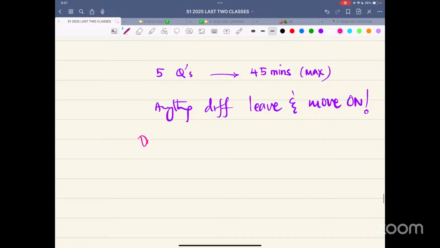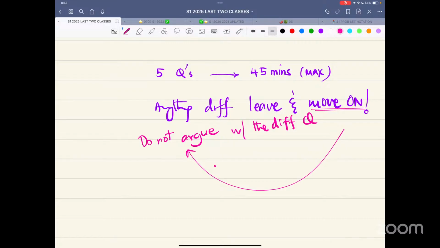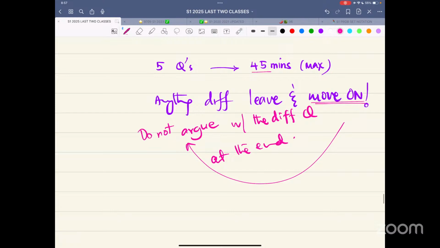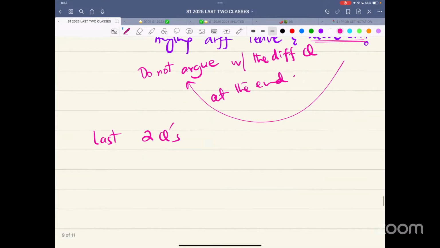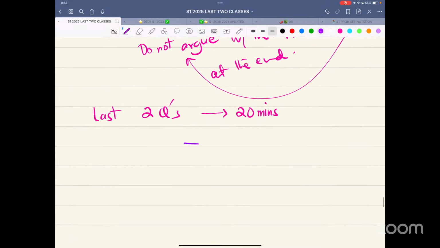Do not argue or quarrel with the difficult question. What you should do is move on and come back to it at the end. If your 5 questions are done in 45 minutes, then the last 2 questions, sometimes it's 6, sometimes it's 7, can easily be done in 20 minutes. That will leave behind 10 minutes.